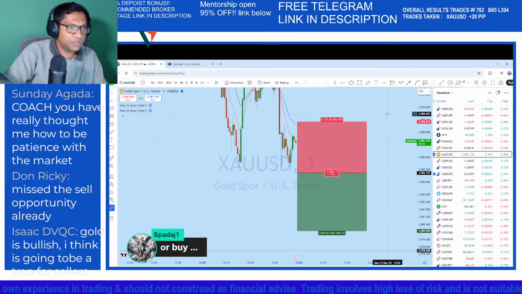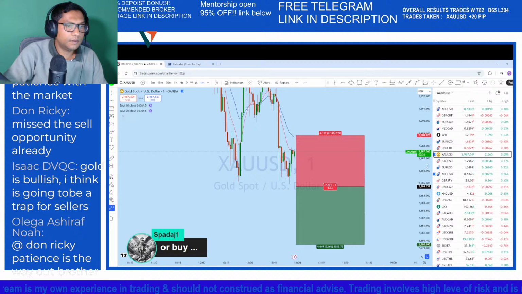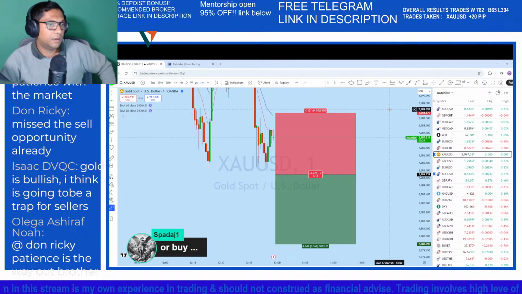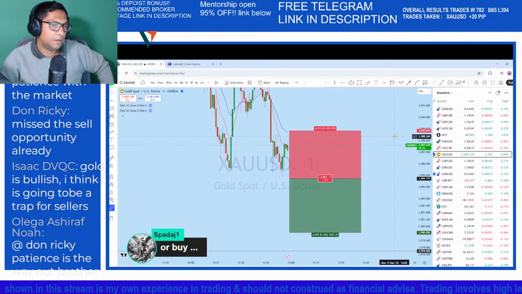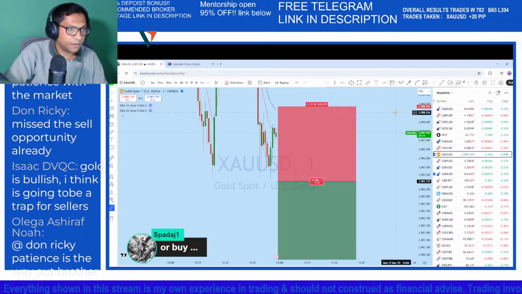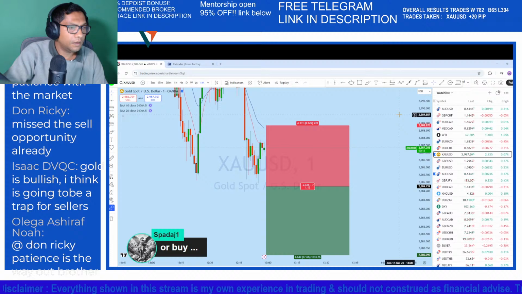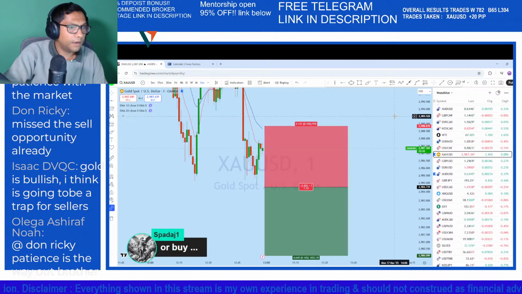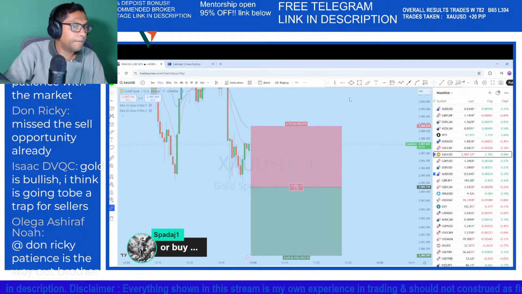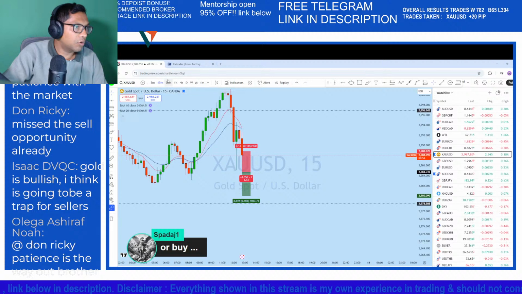With a doji formation, you see that there is a 15 minutes candle close, 30 minutes as well.